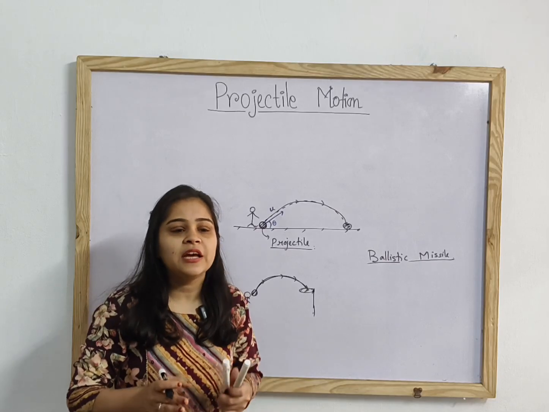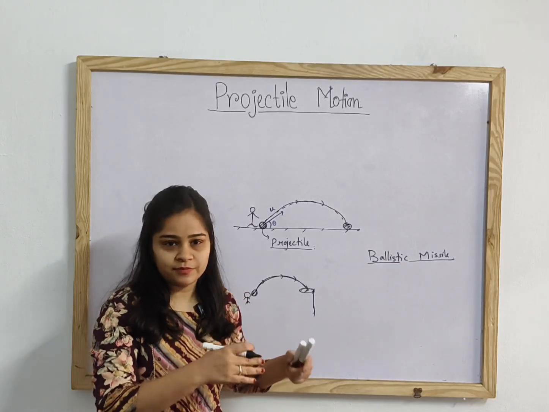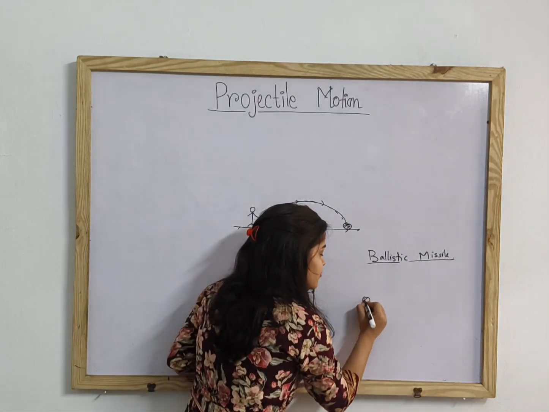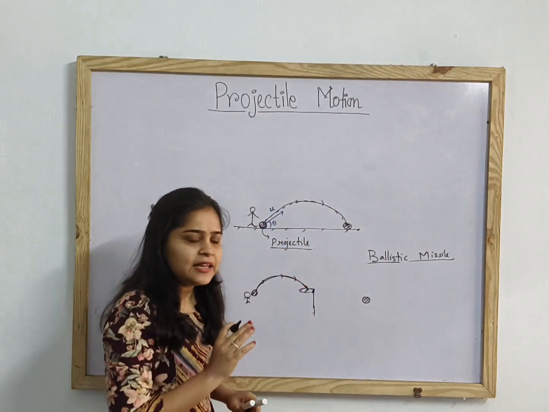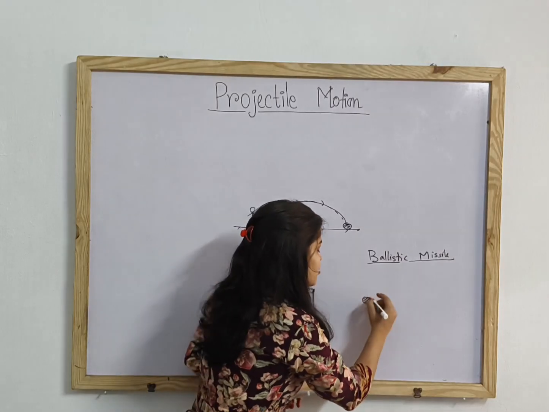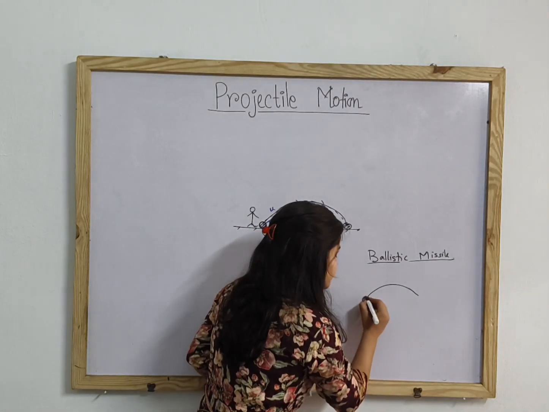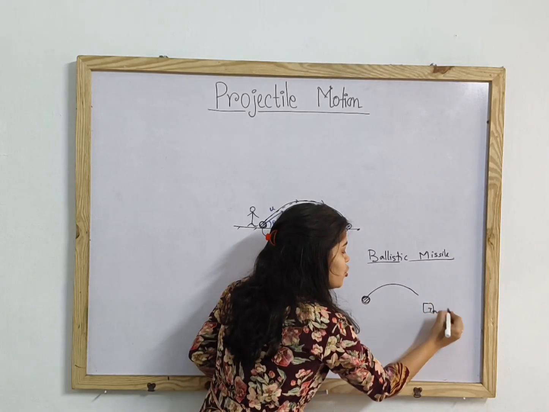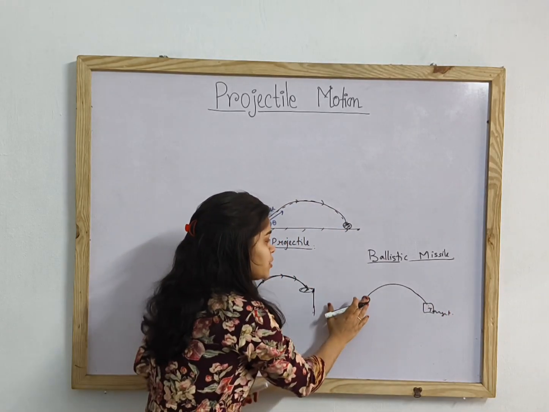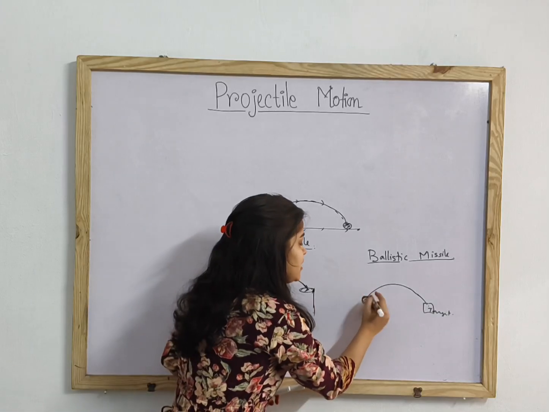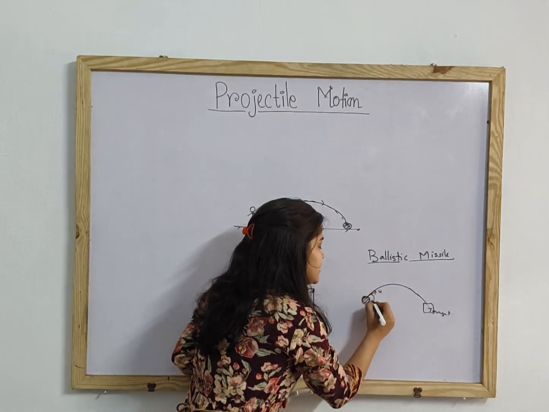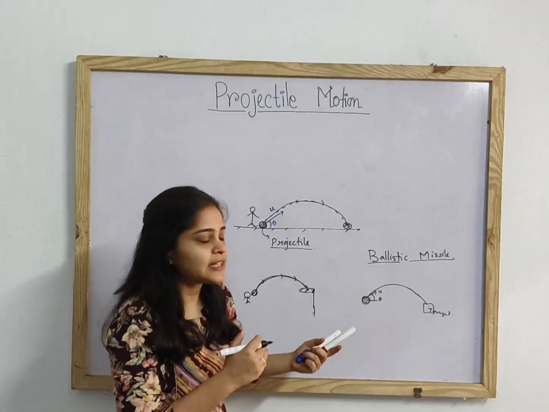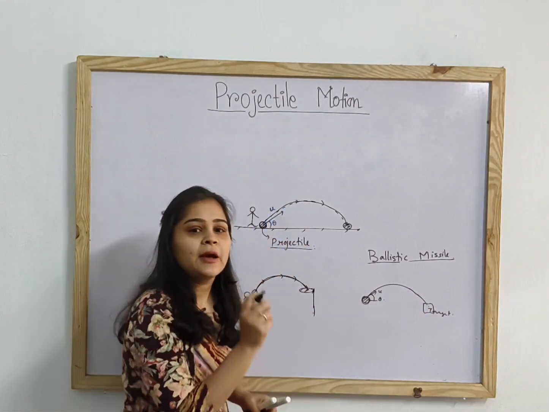Obviously we are not supporters of war, but let us discuss. Suppose from this place, one country is going to throw a ballistic missile at a particular target. This is the target. The country will throw the missile at a certain velocity and at a certain angle, so that after traversing a particular path, it is going to hit this target precisely.